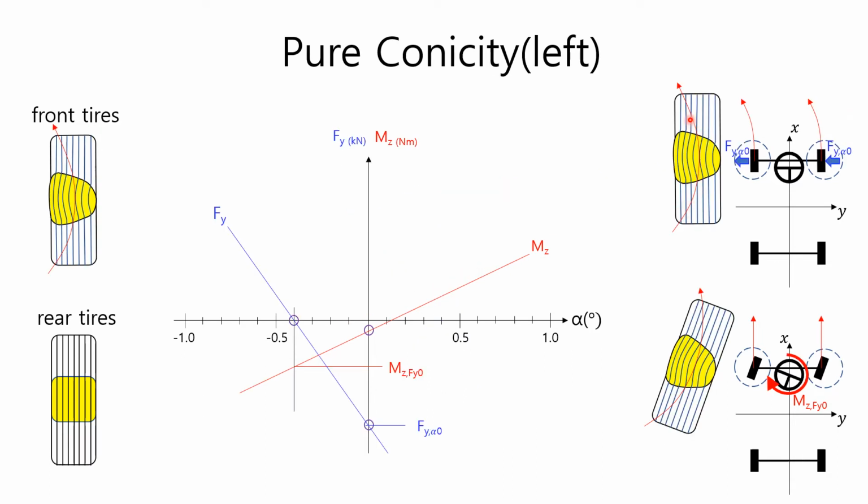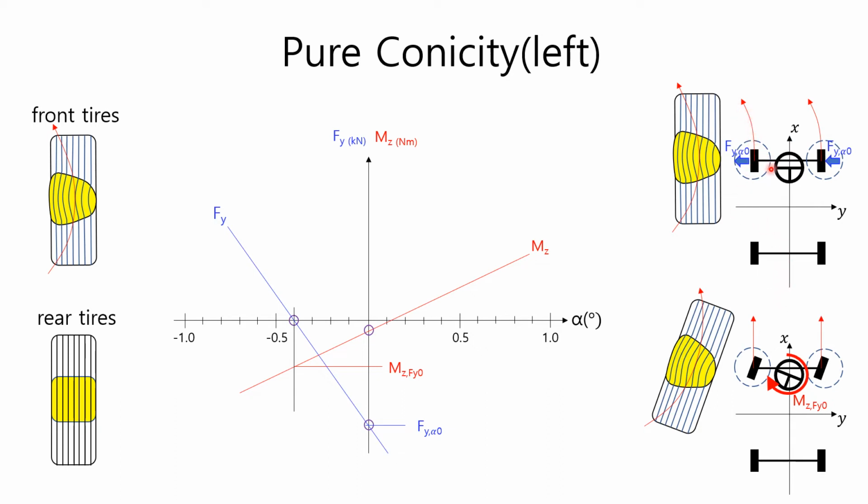If the front tires have left direction conicity, when the driver holds the steering wheel in a straight state, the longitudinal tire axis coincides with the longitudinal vehicle axis, and the vehicle is pulled to the left.